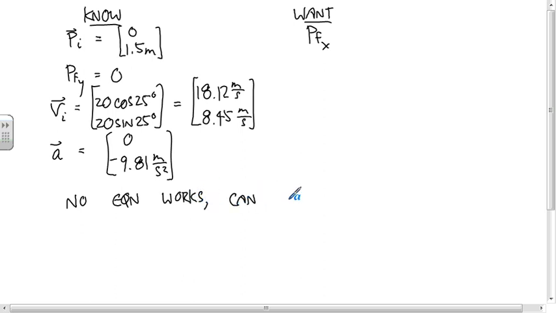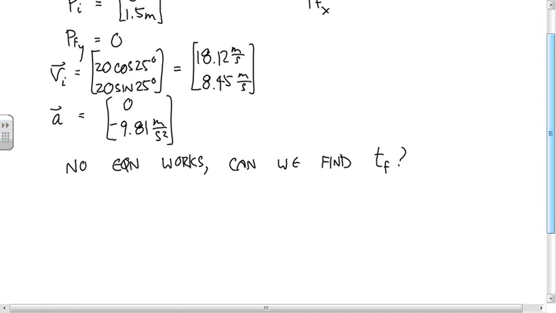The intermediate variable we should look at first is time final. So can we find time final? Is there any equation that has time final in it and everything else in it is known? For that one, we can use equation 2b, the y.